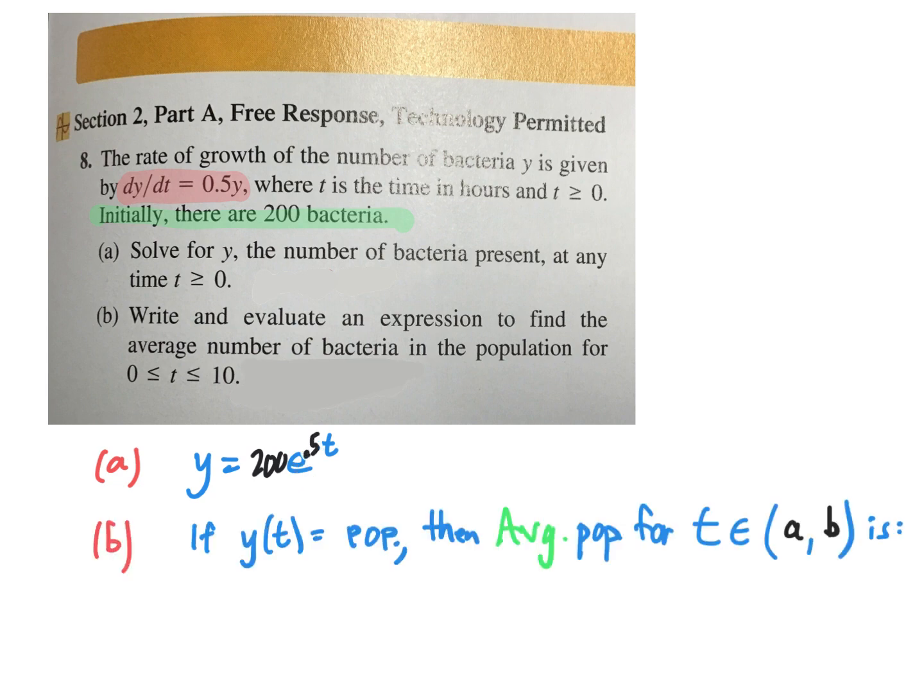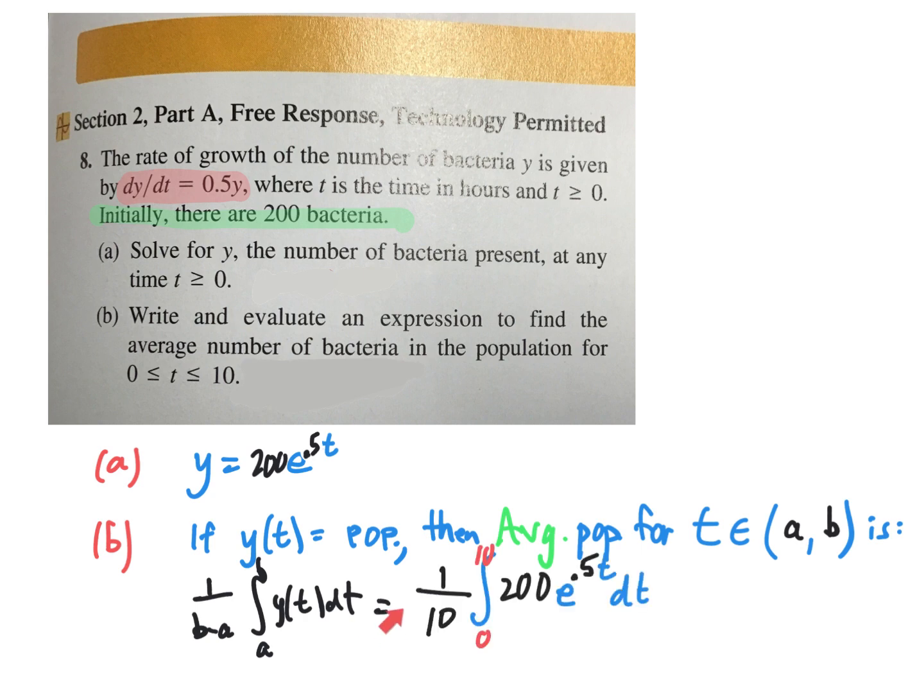So if that is our population, then we know from previous chapters that the average y value will be the integral of y from a to b times 1 over b minus a. This is a formula that we need to have memorized. It's the average value formula. So for part B, our answer is this expression, and this is a use your calculator type of problem.